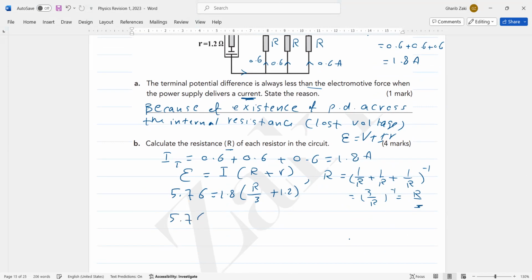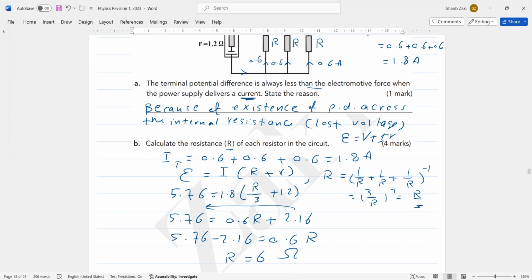So 5.76 equals 1.8 multiplied by R over 3, 1.8 divided by 3 is 0.6 R, plus 1.8 times 1.2, it's 2.16. Shift this to the other side. 5.76 minus 2.16 equals 0.6 R. Then we can get R from this. R equals 6 ohm. This is a little hard question.